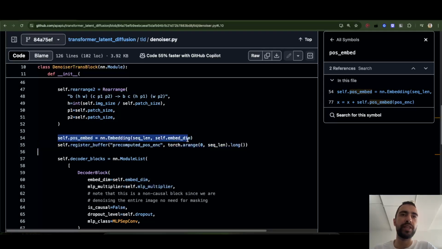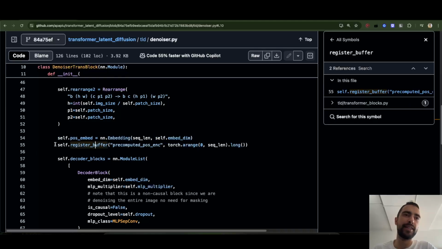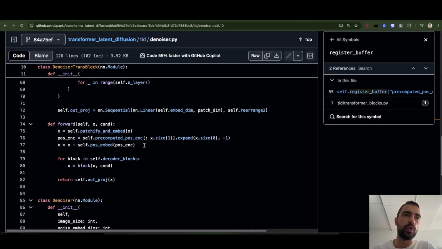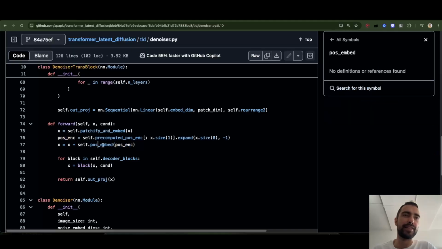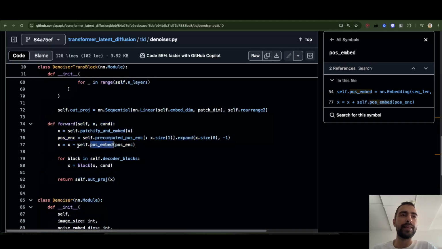As I said before, we define this learnable layer, which is with embeddings, and we define this static variable, pre-computed positional encodings. So here we create this positional encoding variable, and then we pass that through the positional embed, and then add it to X.